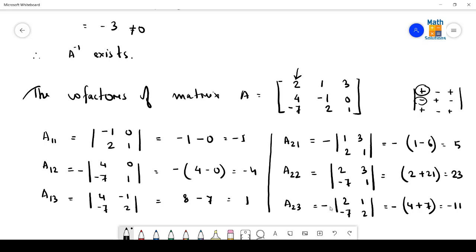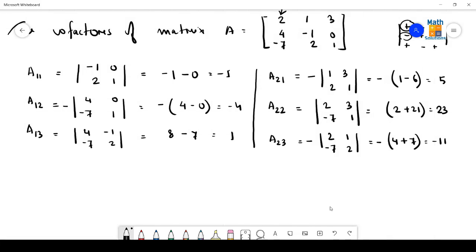So in this case these are the results for the cofactors of the second row. Here comes the third row. A31 will be equal to, the positive sign convention I have to use here, of course, because this is positive. So here it will be the determinant 1, 3, minus 1, 0, it will be 0 plus 3, ultimately the result comes as 3.